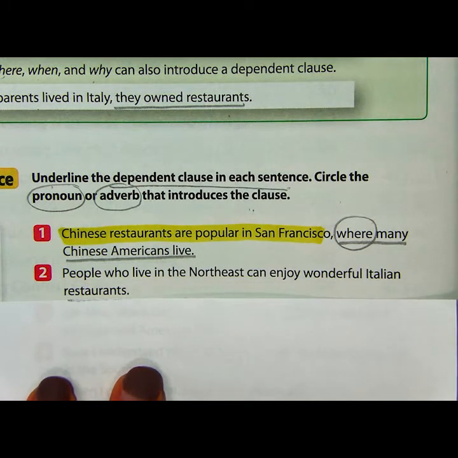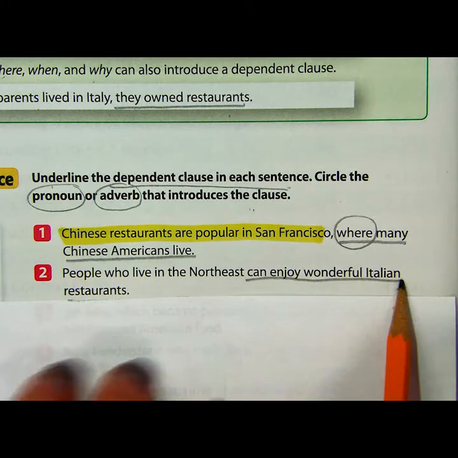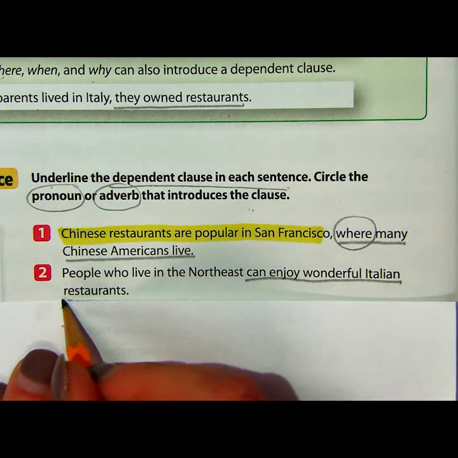People who live in the Northeast can enjoy wonderful Italian restaurants. Think to yourself, what is the main clause? Great. We're talking about people, and they can enjoy wonderful Italian restaurants.